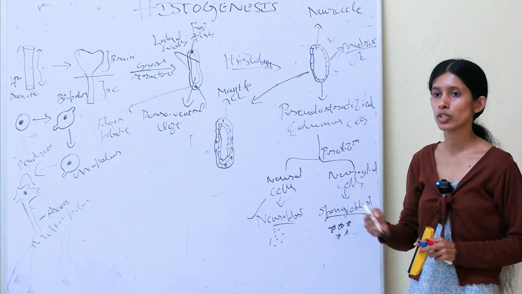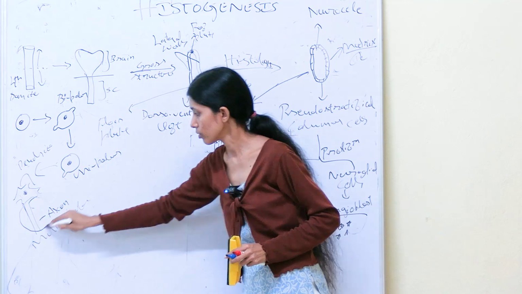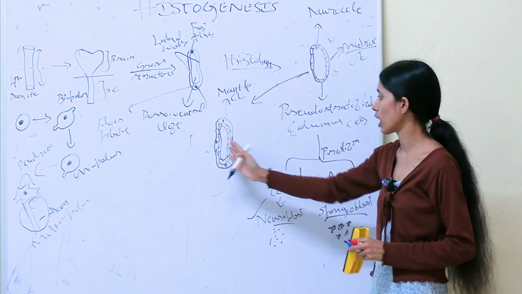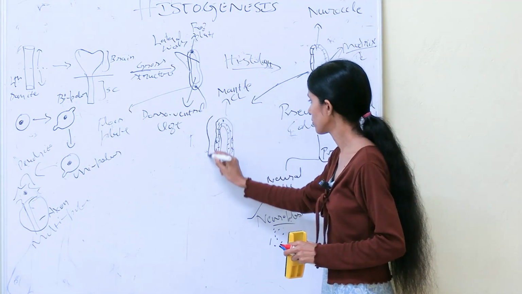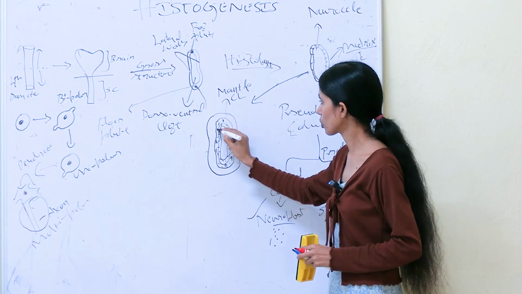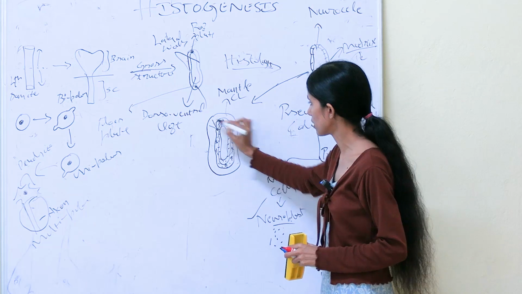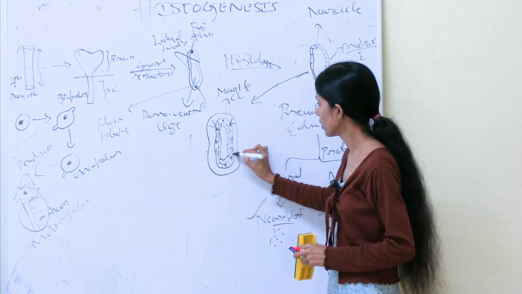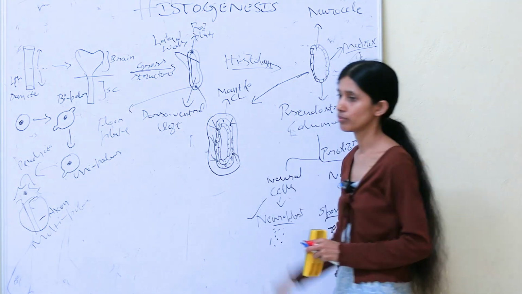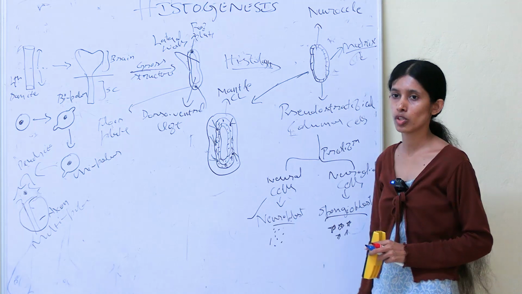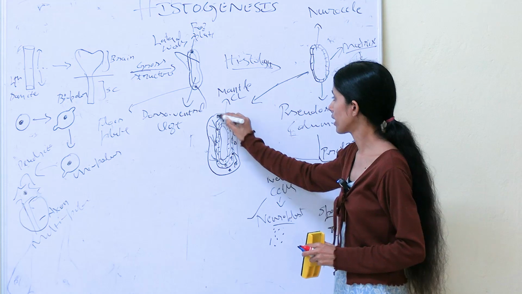Once the maturation of neuroblast cells takes place, the axons will come out of the mantle layer and form one more layer like this. Along with the axons of neuroblasts, some spongioblast cells will also move to the next layer.